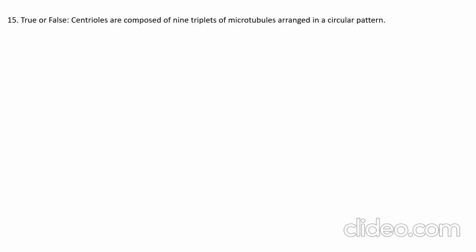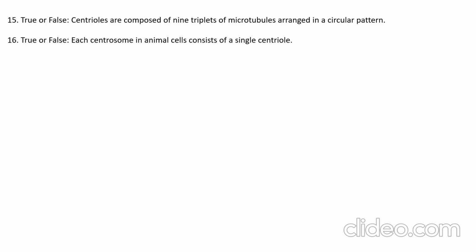Yes? I think someone said true, though I couldn't hear it too well. So you're absolutely right. It is true. Just as I showed you, there are 9 triplets, where the triplets have that A, B, and C notation, and there are 9 of them in a cartwheel structure of microtubules.